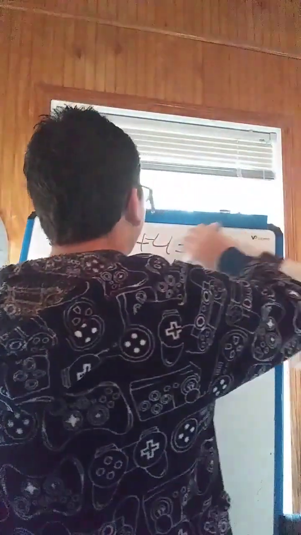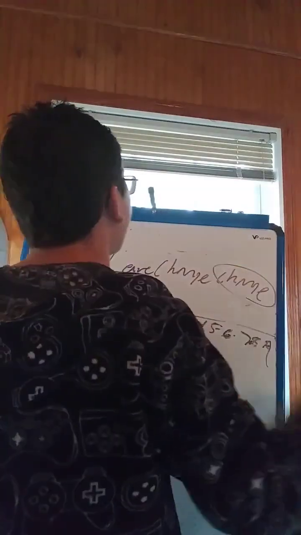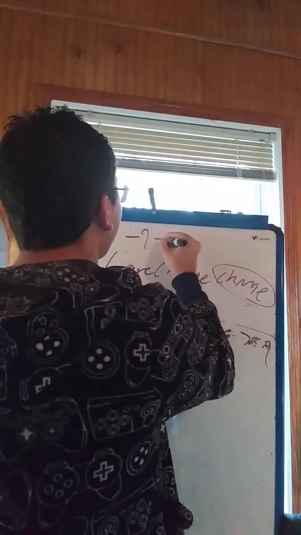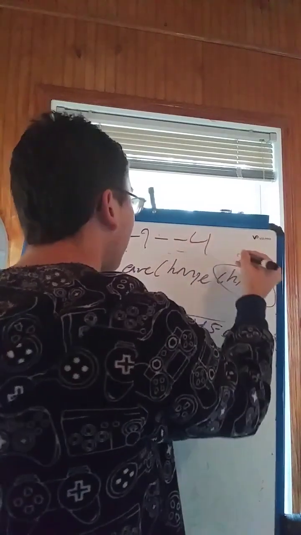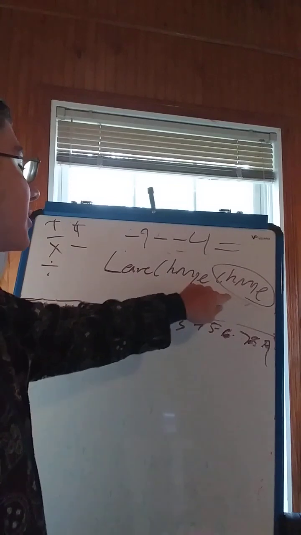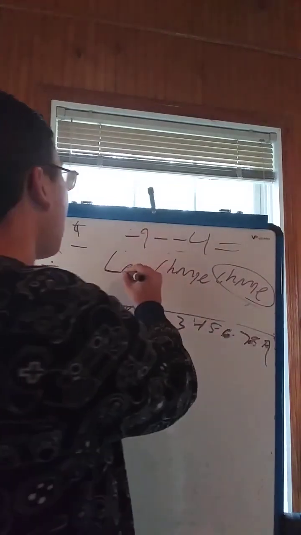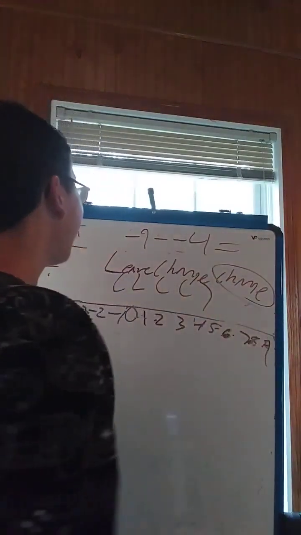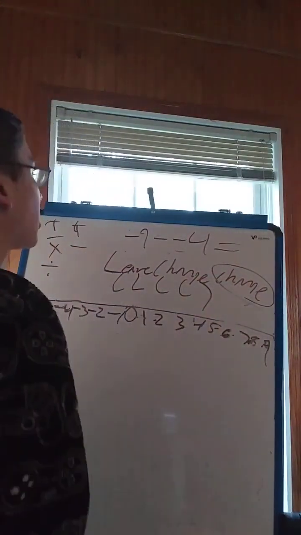Okay, and so let's do another, let's do that same one. So negative 9 minus negative 4. So we have this leave, change, change, or if you had to abbreviate it, LCC, for short.